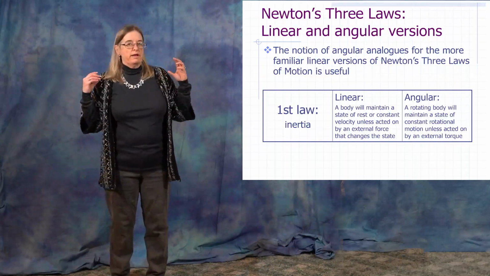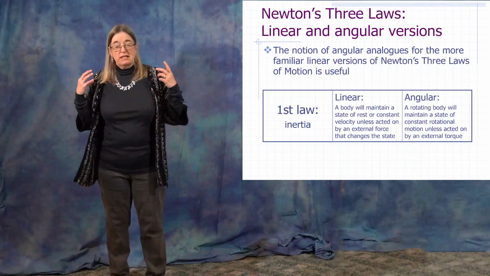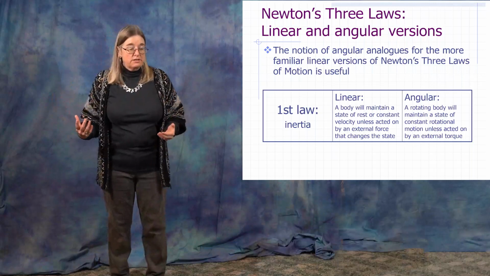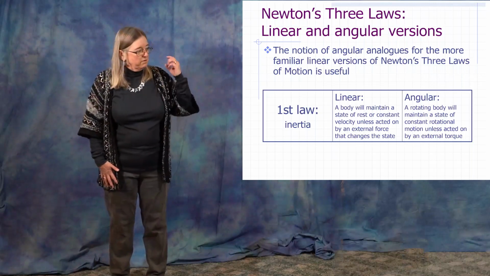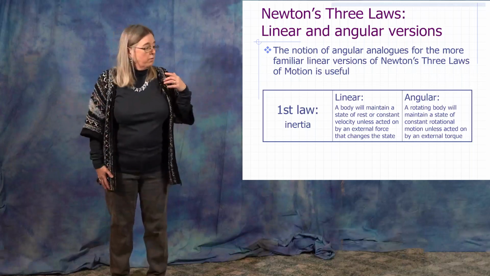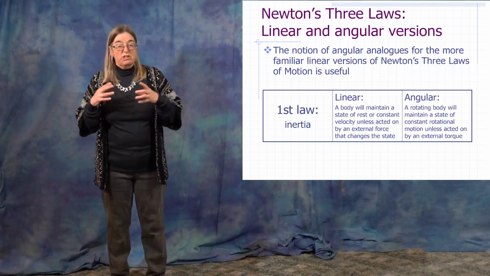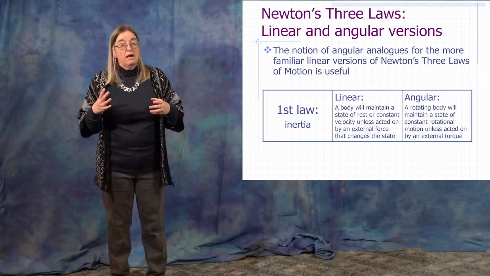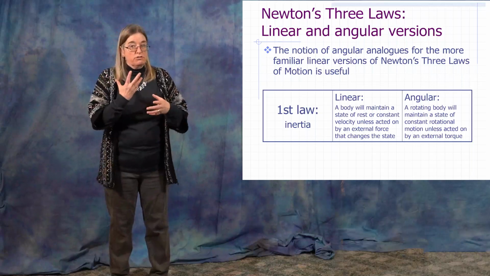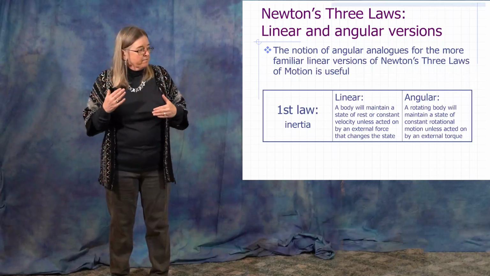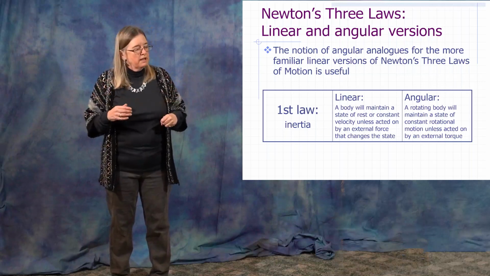So, Newton's laws, which we learned in a linear sense: the first law, where a body will maintain constant motion, which is constant velocity, unless acted upon by an external force, in order to have an acceleration.